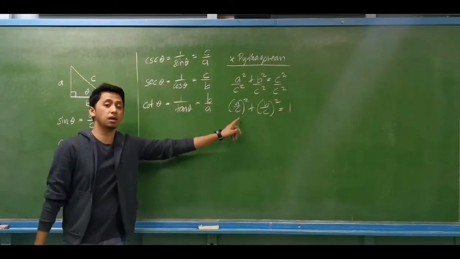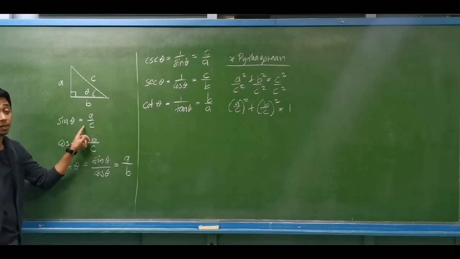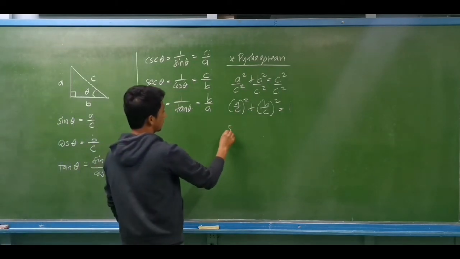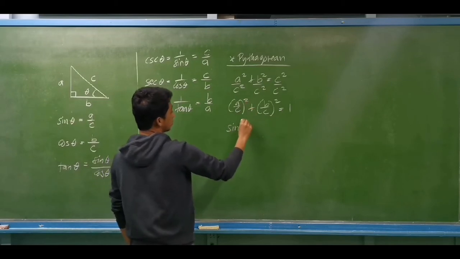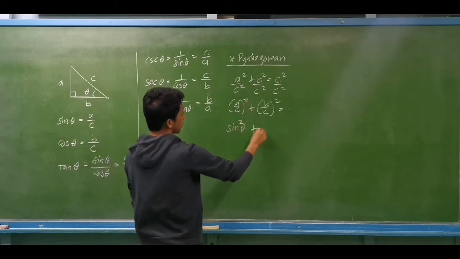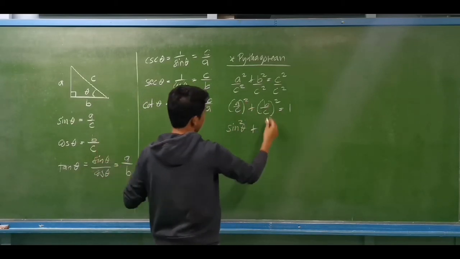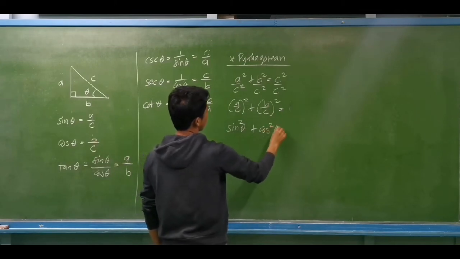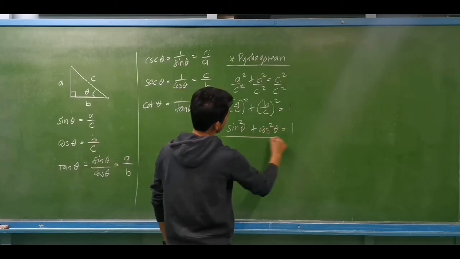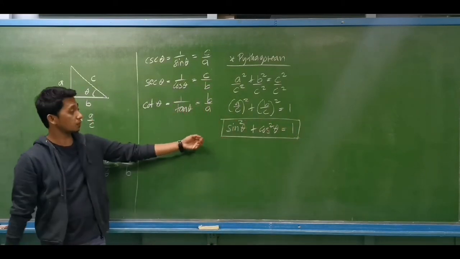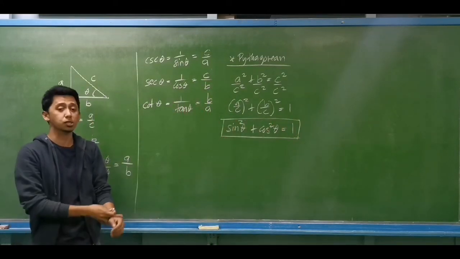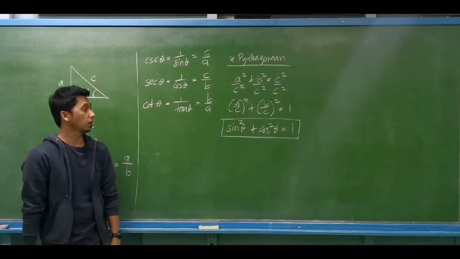Ano yung equivalent ng a over c? Ang a over c natin is sine. So we have that as sine of theta, naka-squared lang ito. So plus, ano naman yung b over c? B over c is the cosine squared of theta equal to 1. So this is the first of the Pythagorean identities. That is sine squared theta plus cosine squared theta is equal to 1.